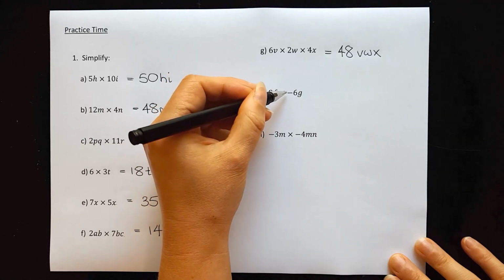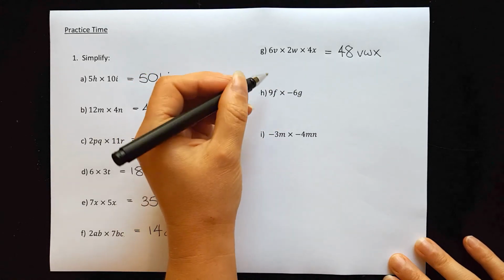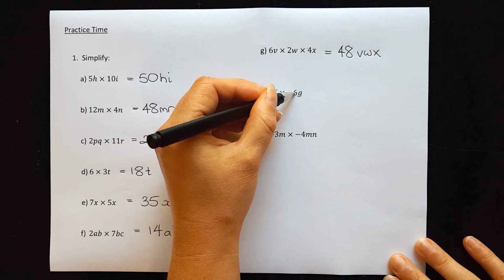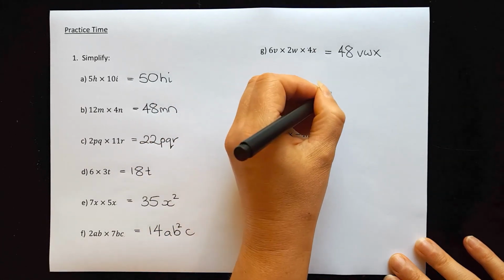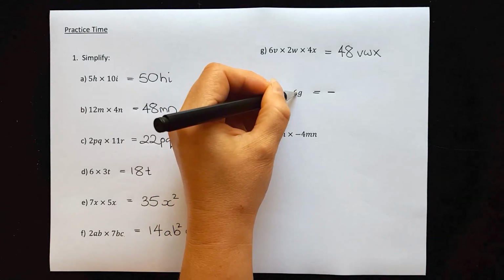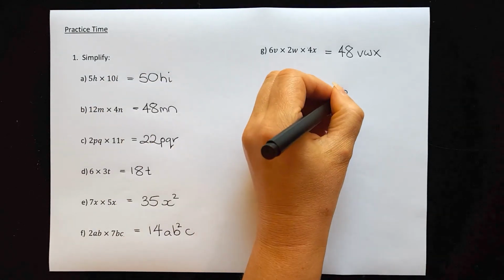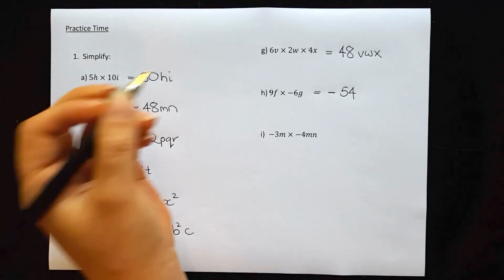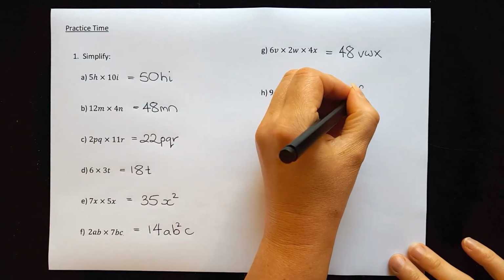So 9F times negative 6G. A positive number and a negative number multiplied means I will get a negative answer. 9 times 6 makes 54. And FG will sit at the end.